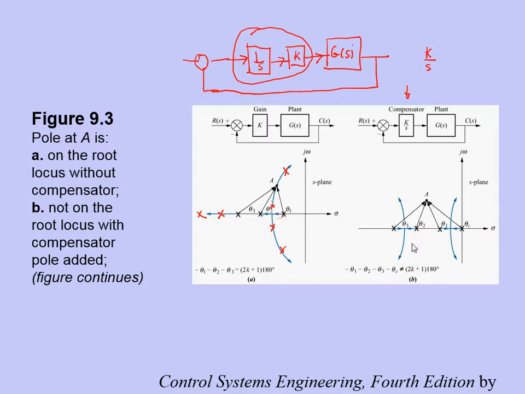You see this? What has happened in here is that you have created now a new way. See, the roots would move. 1 over s is at 0, s equal to 0.